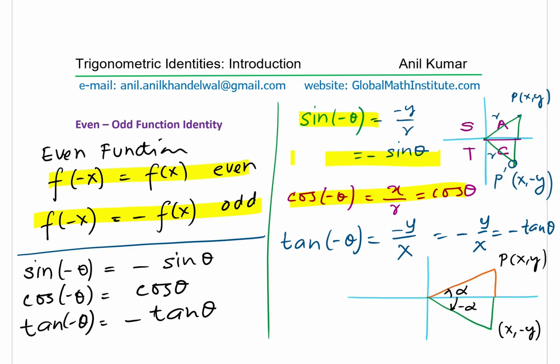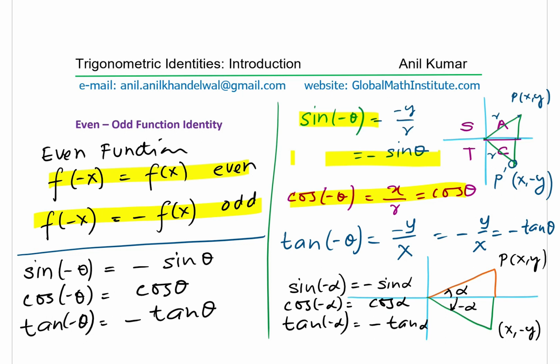Now, from here also, you can easily show the even-odd functions. So you can say sine of minus alpha equals minus sine alpha. Cos of minus alpha equals cos alpha. And tan of minus alpha equals minus tan alpha. Is that clear to you?